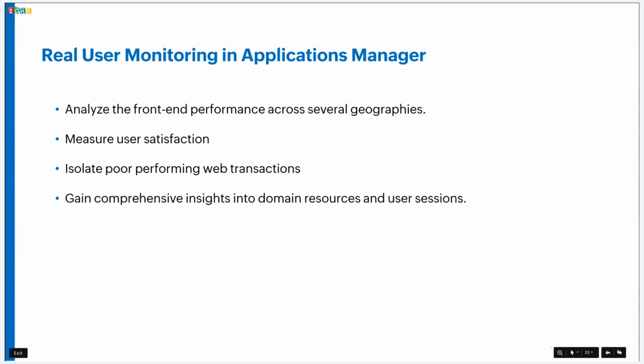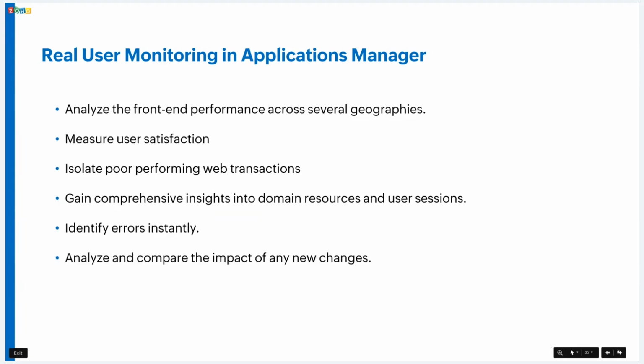Gain comprehensive insight about domain resources and user sessions. Identify JavaScript errors instantly to prevent users from reporting service errors. And compare the impact of any new changes made in the site and how they have affected the user experience.